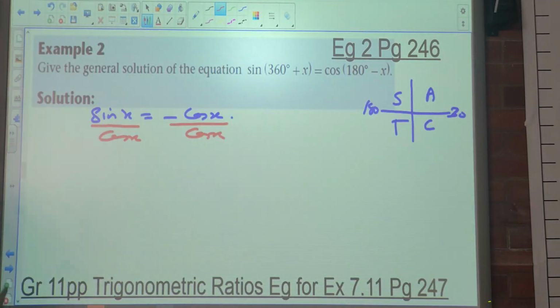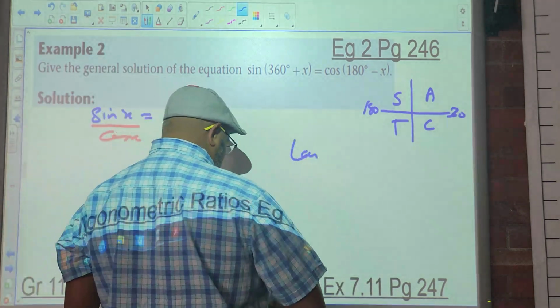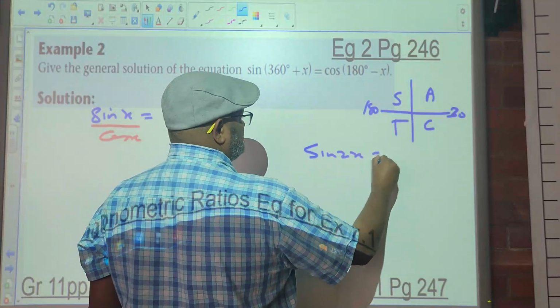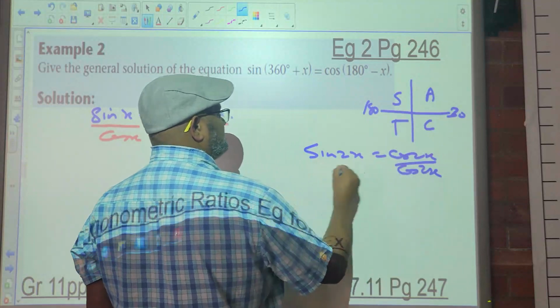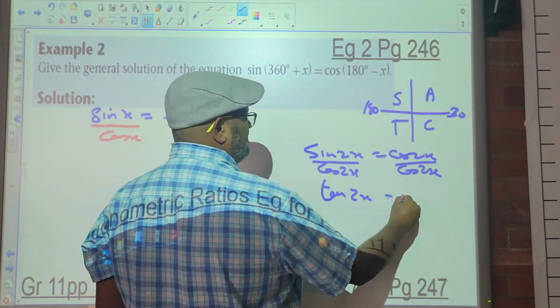And of course sine over cos is tan. If I had sine 2x equals cos 2x, I could have divided both sides by cos 2x, not so? To get tan 2x is equal to 1.